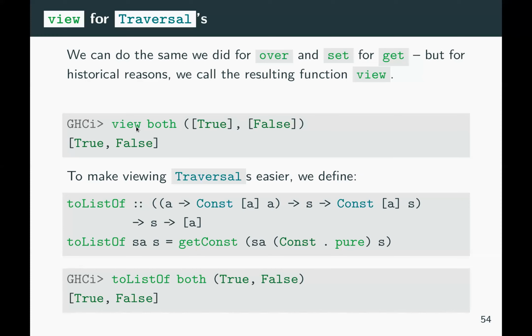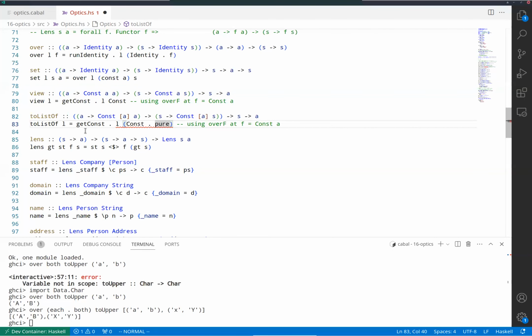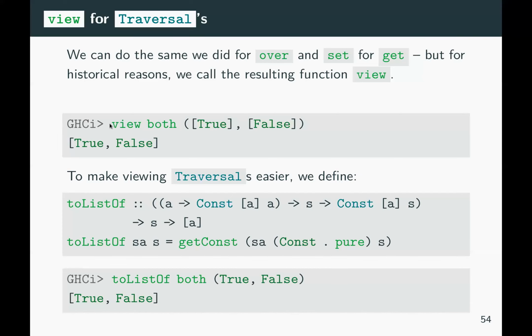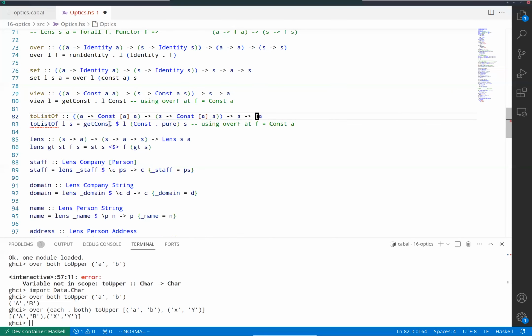Why doesn't it work now? Oh yeah, I want a list of A's in the end. So it was okay what I did earlier. Don't need this. Keep that.